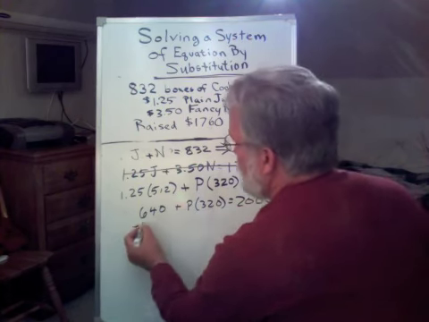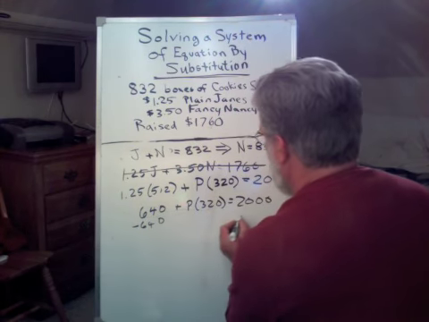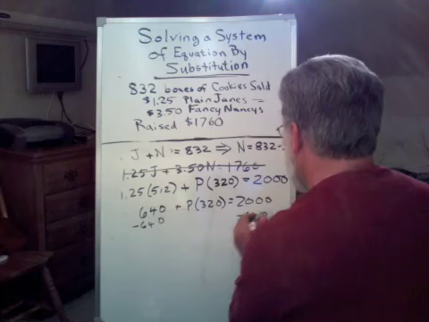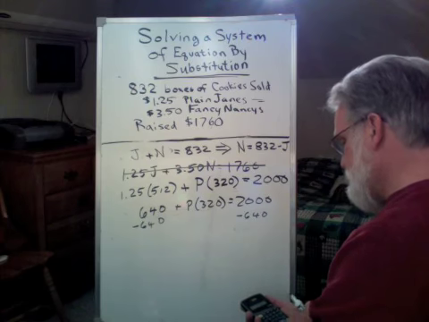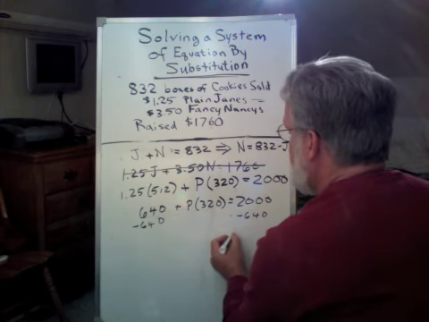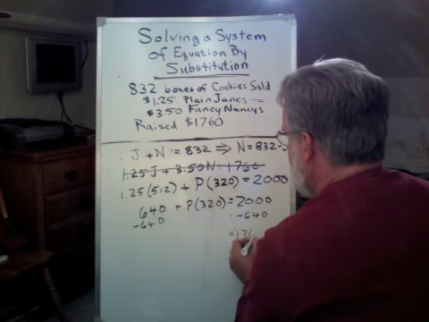So I'm going to subtract 640 from both sides. And that equals $1,360.